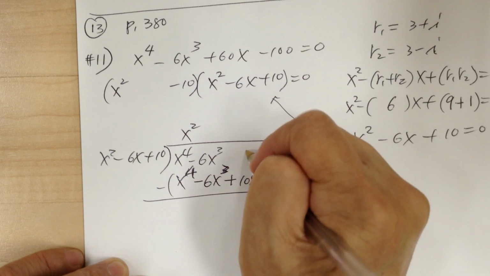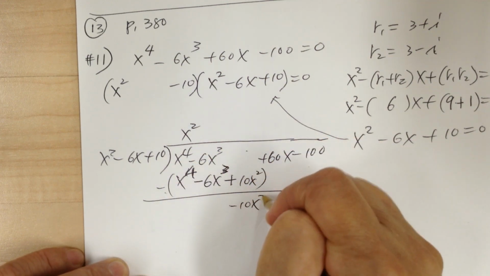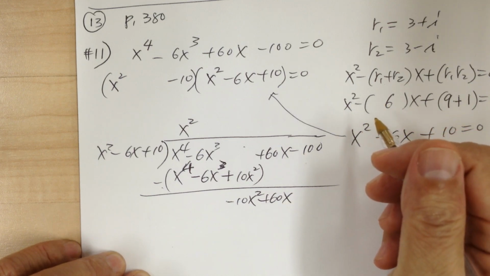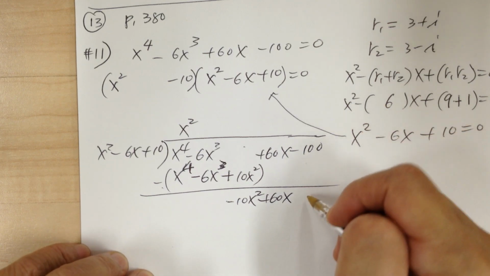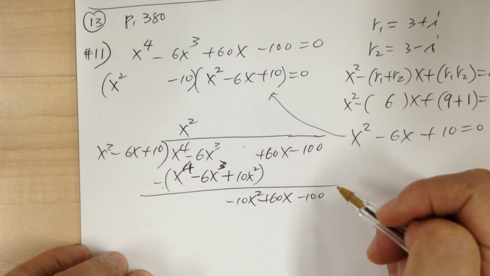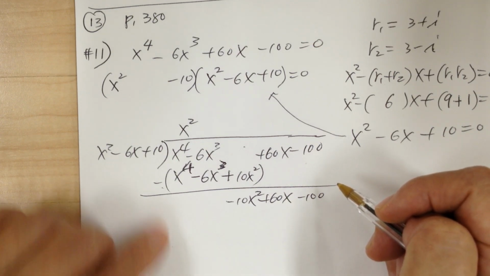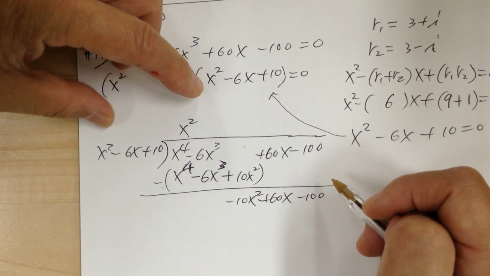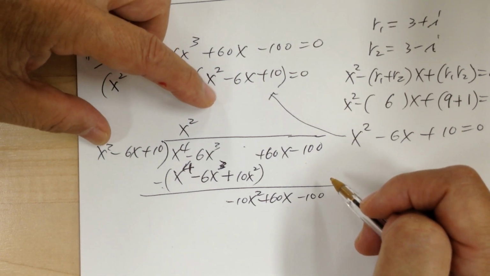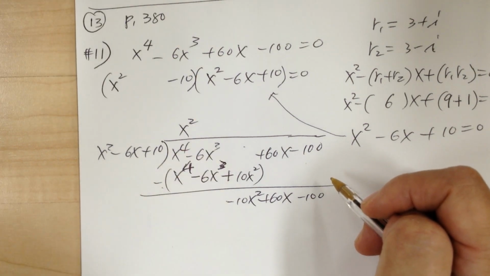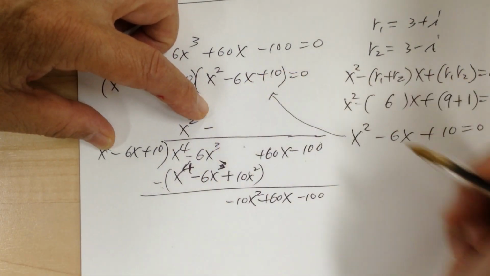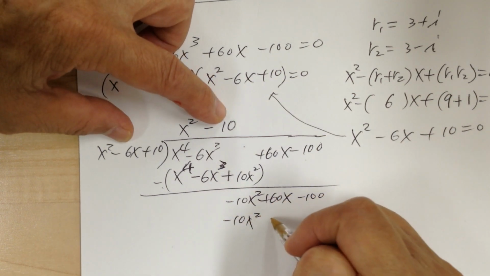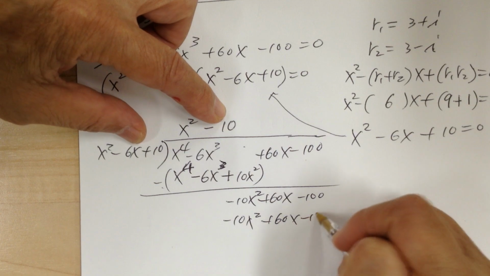So cancel out, cancel out. 0 minus 10 gives you negative 10. The middle one got canceled out, so minus 10. Oh, this one comes out nice. Minus 10x squared plus 60x minus 100.